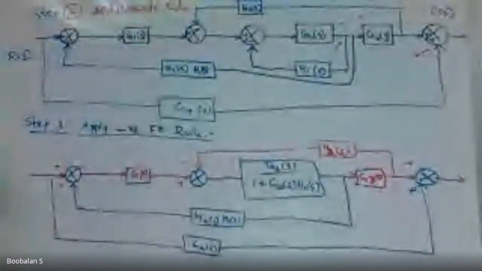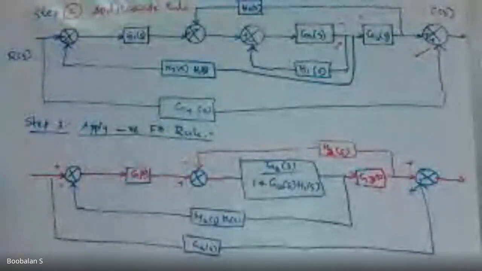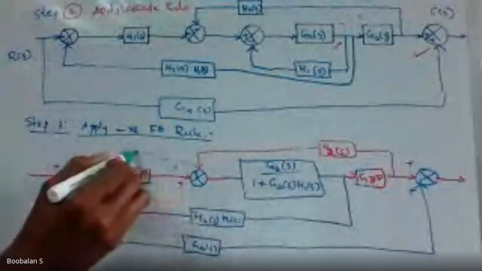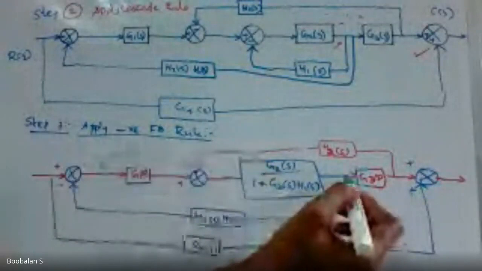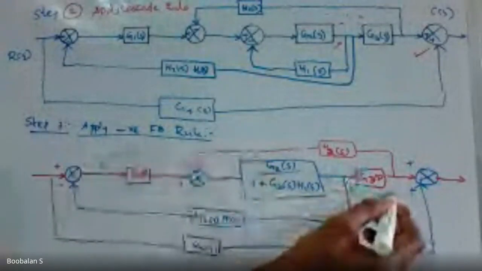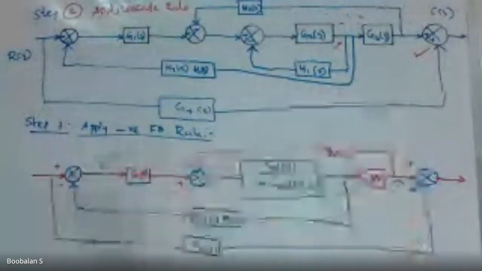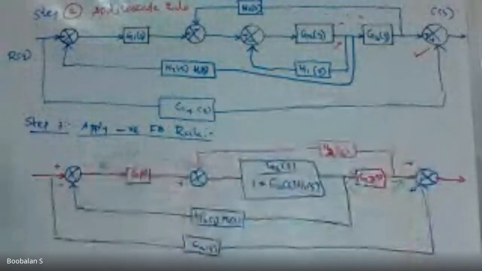So you could have two options. You can move this summing point after this block or before it. You can move this summing point before a block. Otherwise we have one more option: you can move this takeoff point and it will be placed over here. You could do both things, nothing wrong.